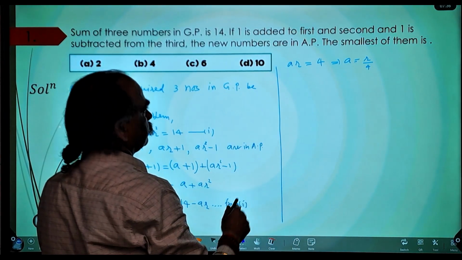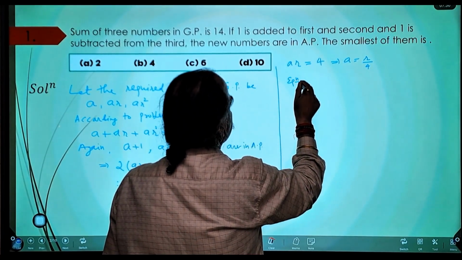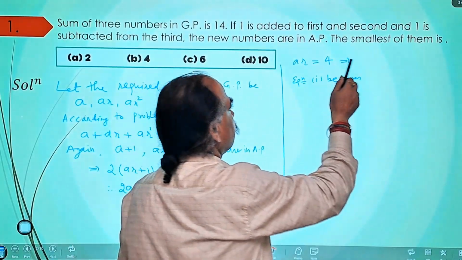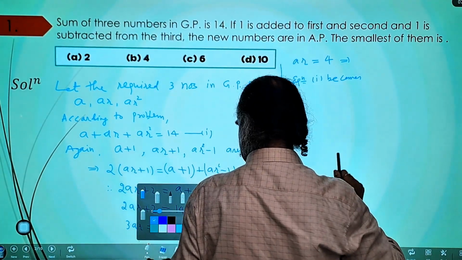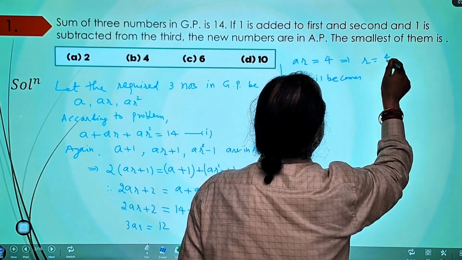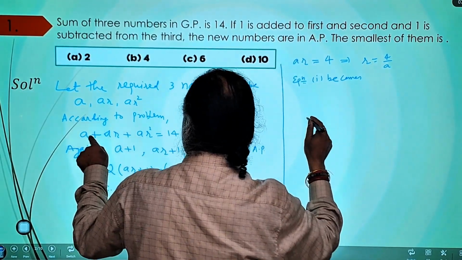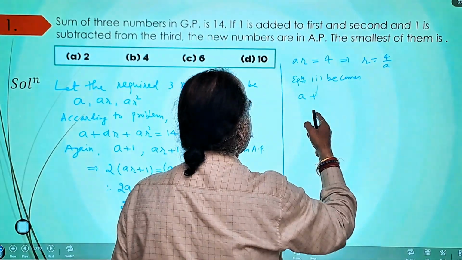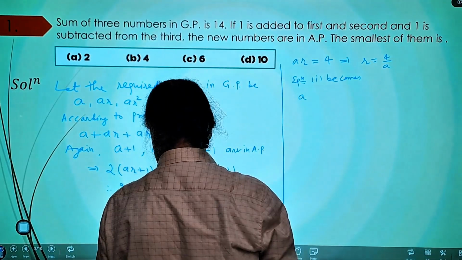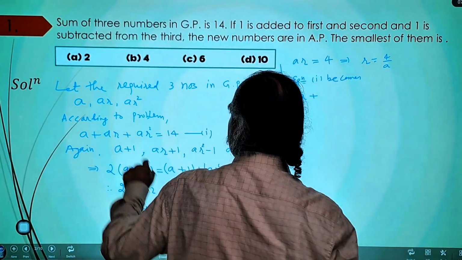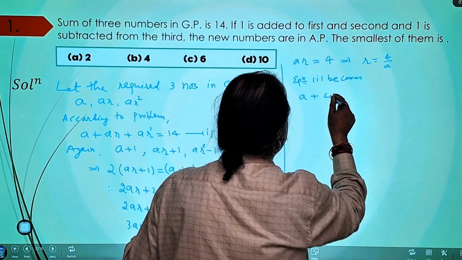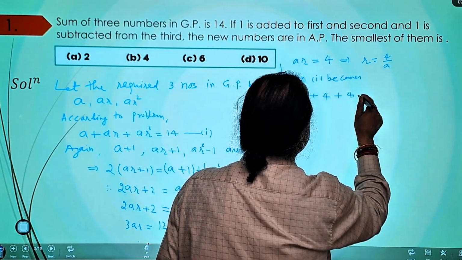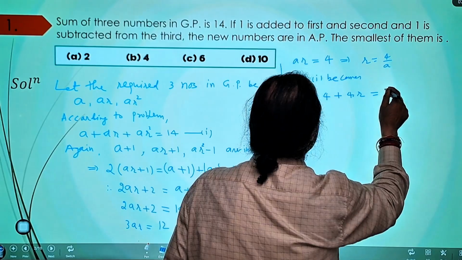Now replace in equation number 1. From here the value of R is 4 by A. Equation 1 becomes A plus AR, which is nothing but 4, plus AR square, which is AR into R, so 4R, is equal to 14.